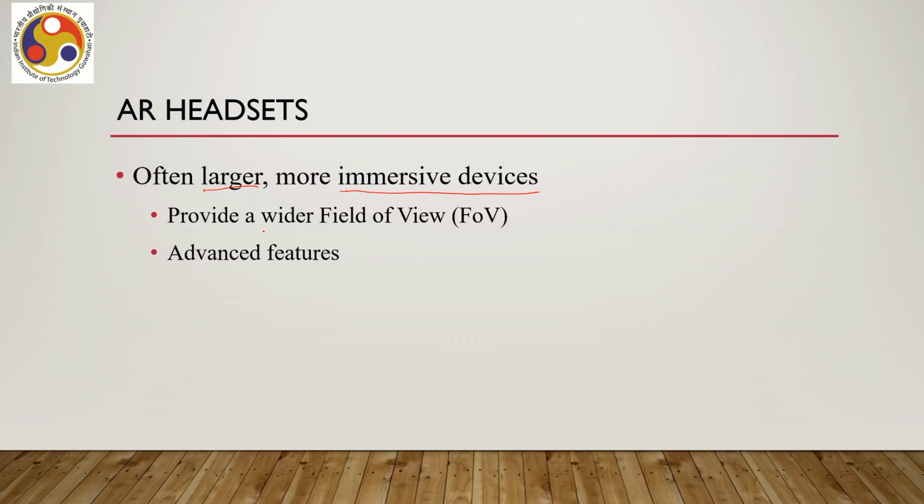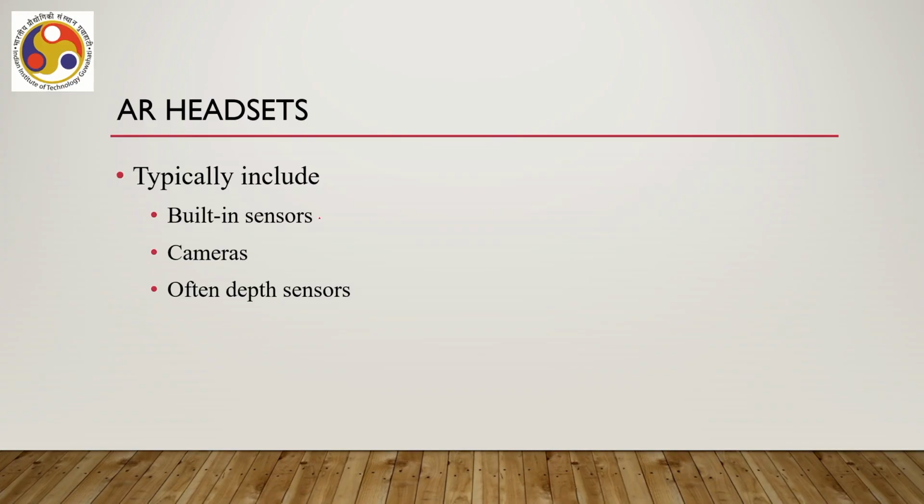Generally they provide wider field of view and some advanced features which may not be there in VR headsets. In fact, those features may not be required in VR headsets at all, because there it is not necessary to provide the real world view. AR headsets typically include built-in sensors, often cameras and depth sensors. Some of these may or may not be there in VR headsets.